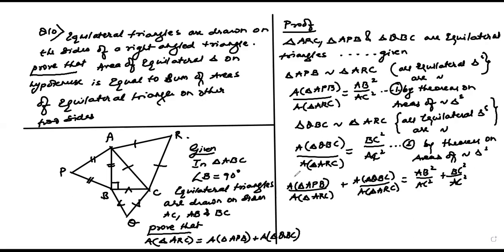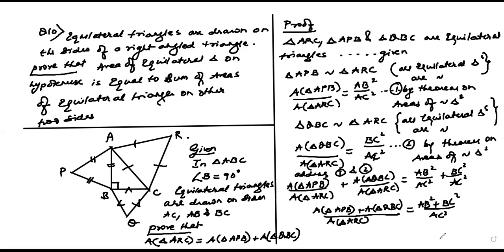Adding 1 and 2. So I got area of triangle APB plus area of triangle QBC upon area of triangle ARC. Now the denominator is the same, children. When the denominator is same, numerator gets added up. Here also, AB square plus BC square upon AC square.